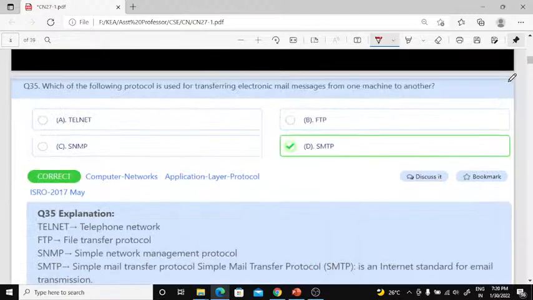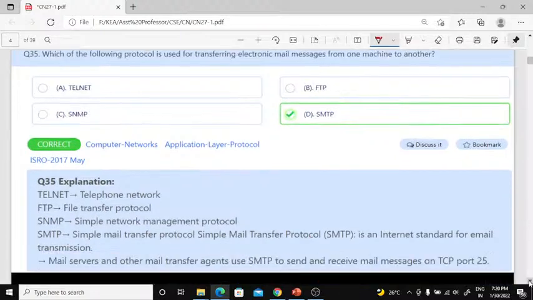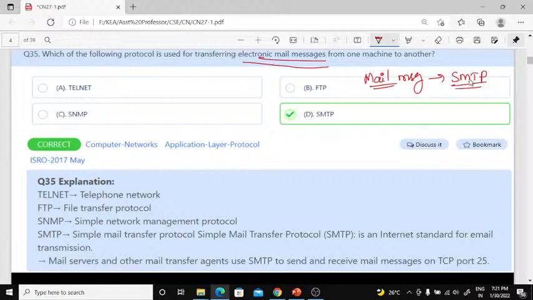Then, which of the following protocols is used for transferring an electronic mail message from one machine to another machine? For mail messages, that is the Simple Mail Transfer Protocol, SMTP. What about Telnet? Telnet is for the telephone network.